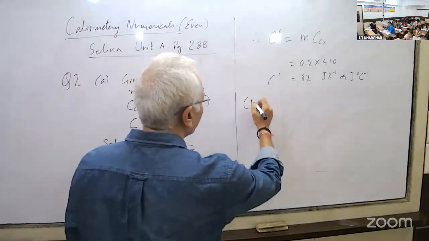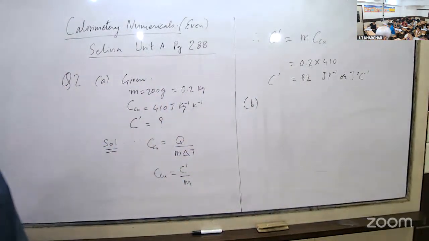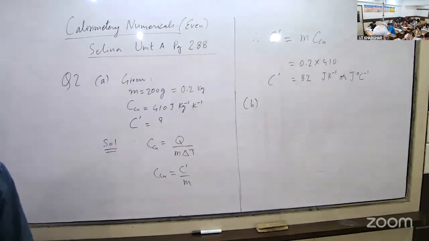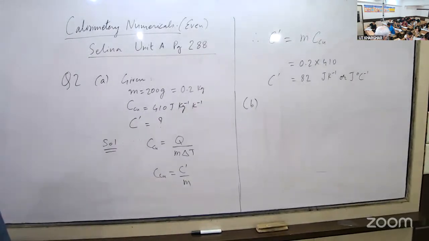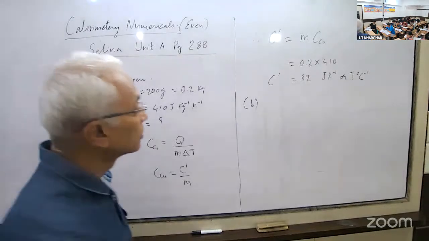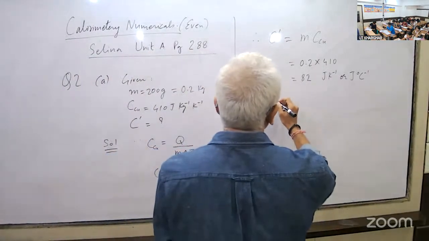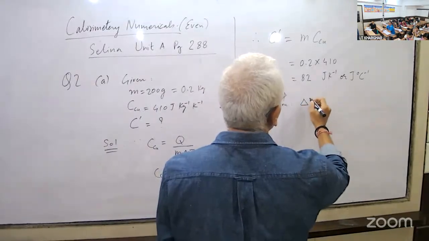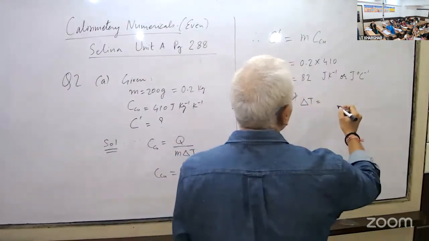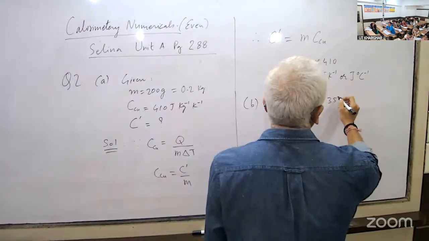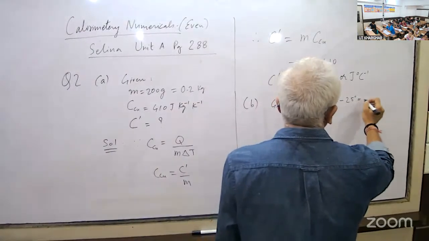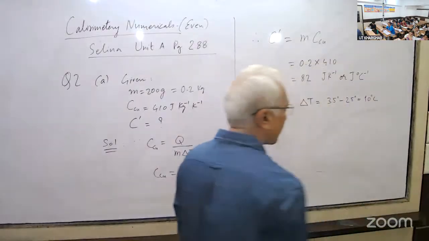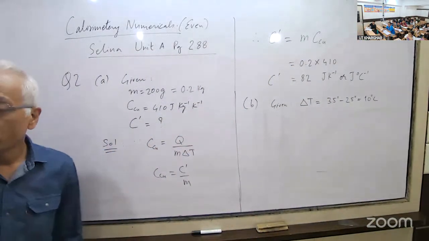Now what do you have to find in part B? How much heat energy will be required to increase the temperature of the vessel in part A? So given delta T, what is the rise in temperature?